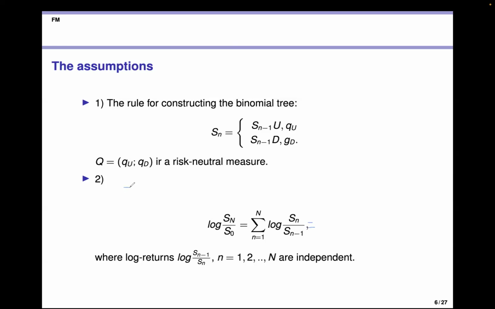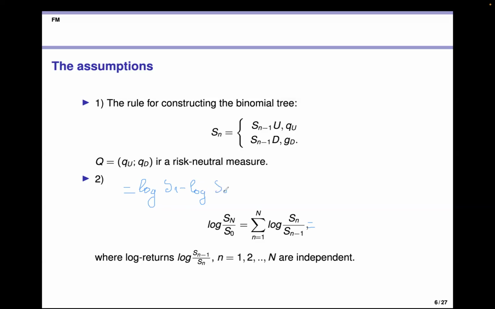If we consider the right side, we can write this sum. So if n equals 1, it will be log S1 divided by S0, yeah? But log of a ratio is a difference, so we can write this like log S1 minus log S0.